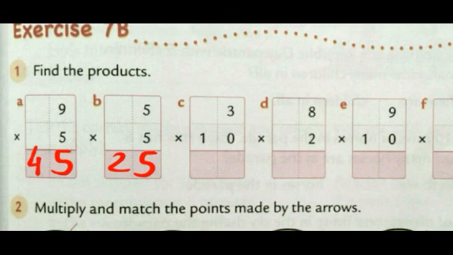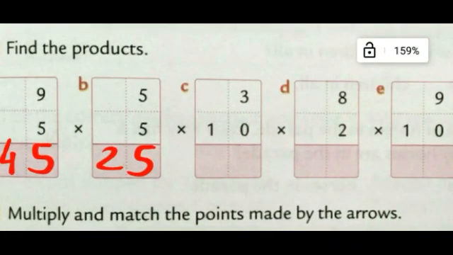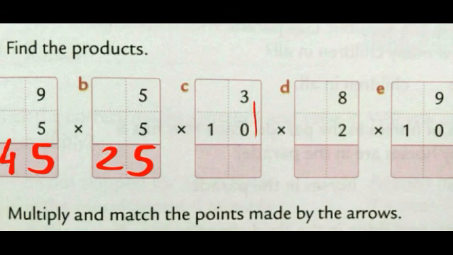In finding the product, you must know the tables. It's very important. Okay, now see this one. We need to multiply 3 by 10. A single digit number we need to multiply by a 2-digit number. So what is the way to do it? First we will multiply 0 by 3 and then we will multiply 1 with 3. Okay?